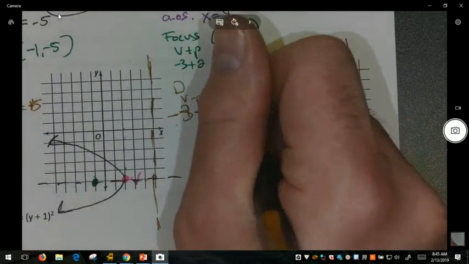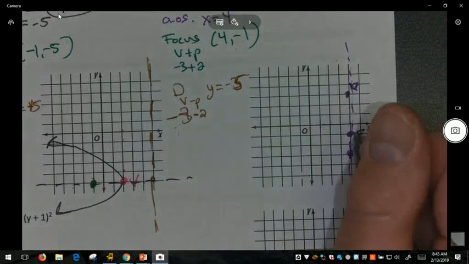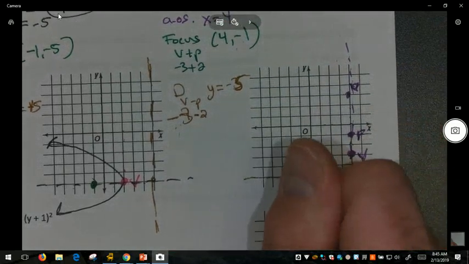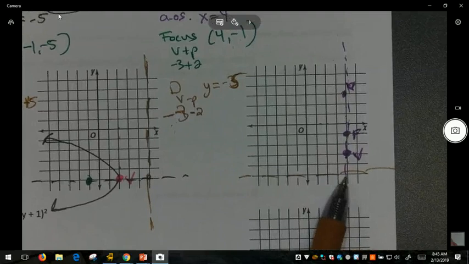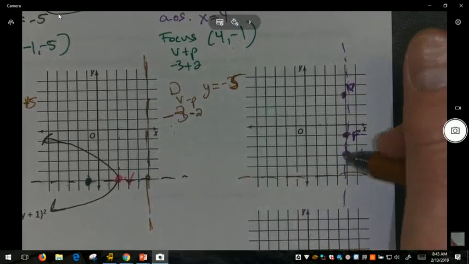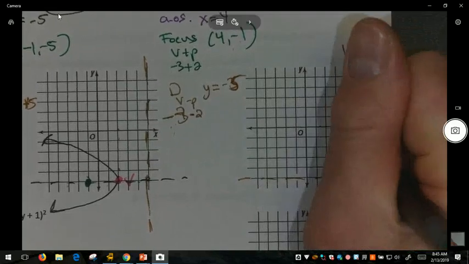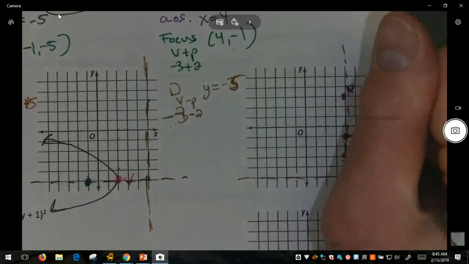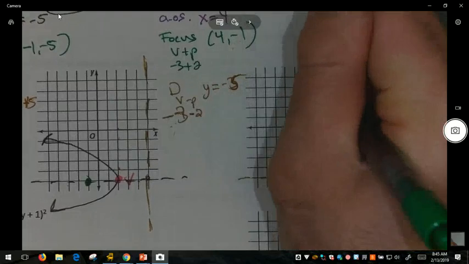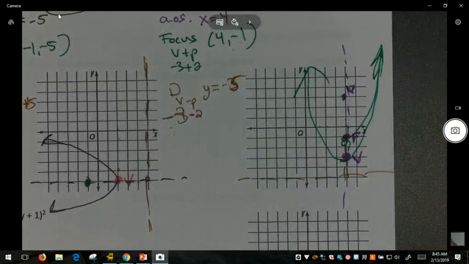Negative 3 minus 2 is negative 5. y equals negative 5. 1, 2, 3, 4, 5. There's my directrix. There's my focus. They should both be 2 units away from my vertex. And this graph opens up from the vertex around the focus.